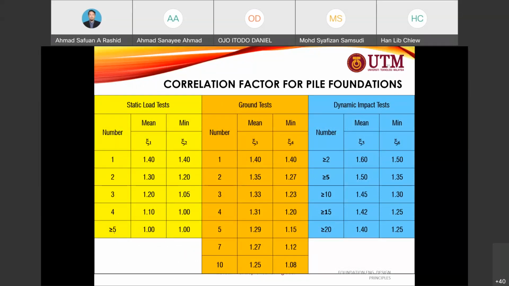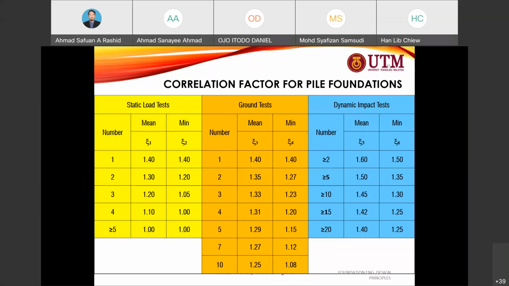So it's more than 1, so the confidence level decreases from 100%, because before this we just used 1, so we need to divide by 1.4. It means that when it's greater than 1, we use the absolute value from the static load test for the mean and also for the minimum.